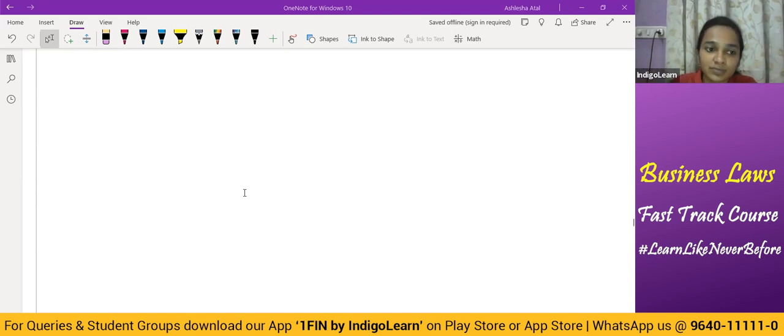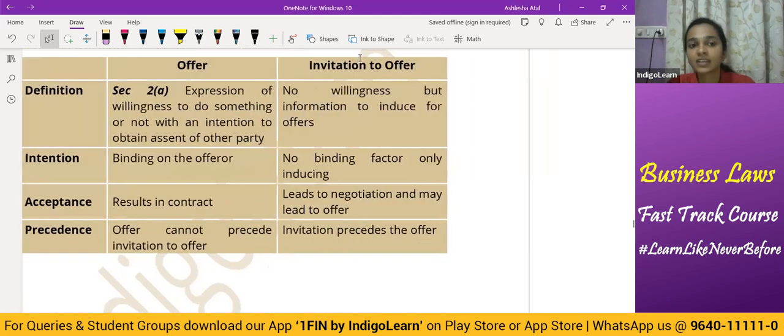So let's have a look at the differences between offer and invitation to offer. As we've understood, offer is expression of willingness with intention to obtain assent. However, in invitation to offer, there's no expression of willingness. However, it is an information to make people come forward and make an offer. Offer is binding to the offerer.